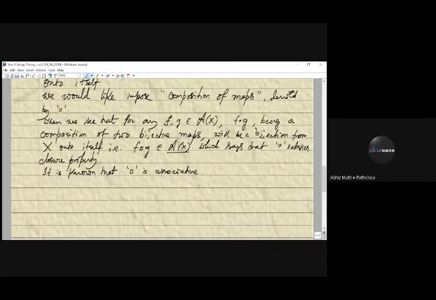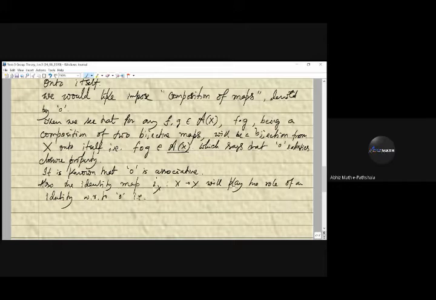And also for any set X, you can always define the identity map Ix from X to X, which will play the role of an identity with respect to composition.